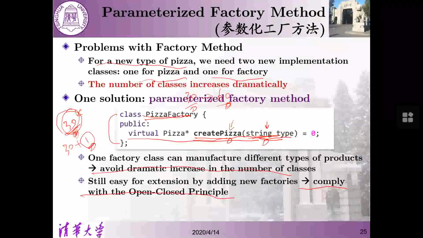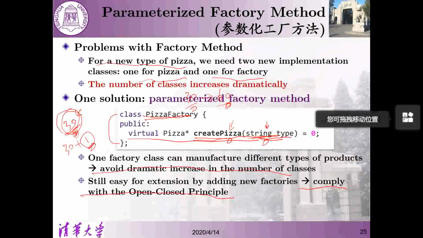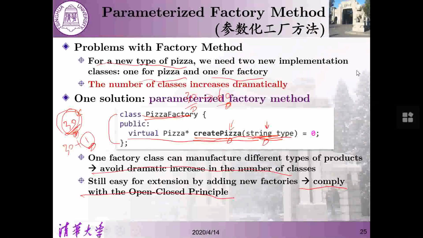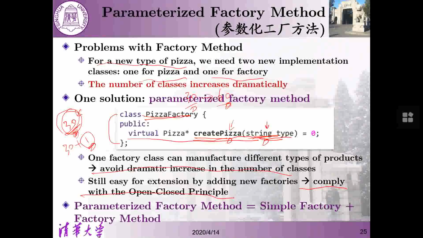Any questions? Okay, that's the reason why we introduce simple factory: the combination of simple factory and factory method gives the parameterized factory method, which is also useful for certain designs with many different types of pizza or products at the beginning. So the parameterized factory method is a simple factory plus factory method.